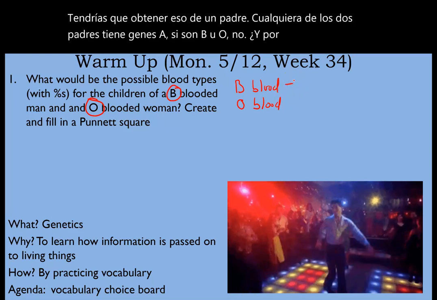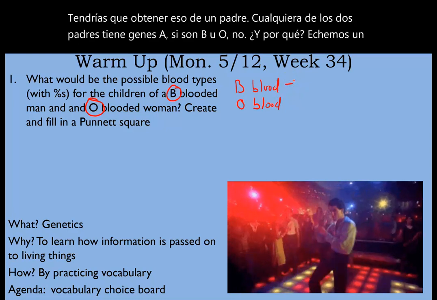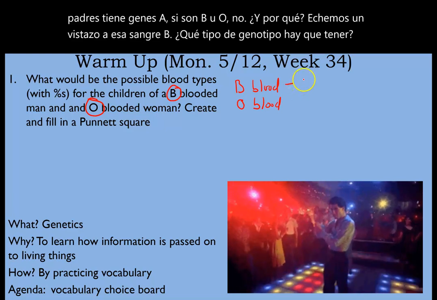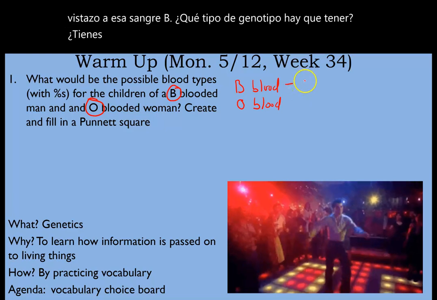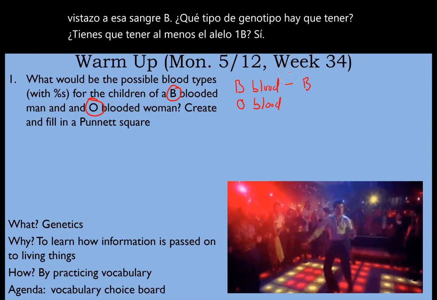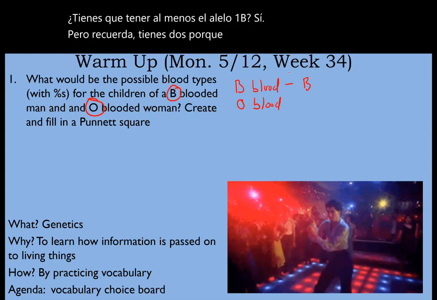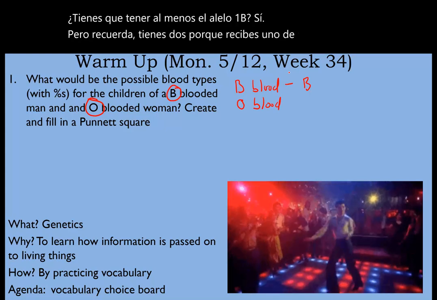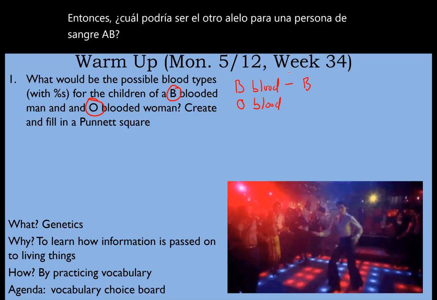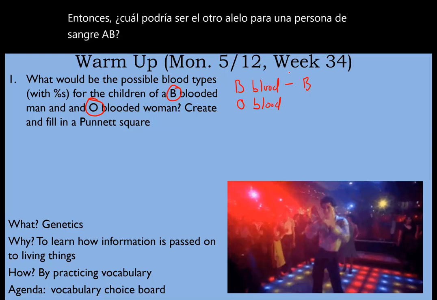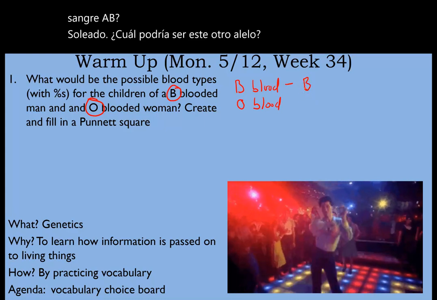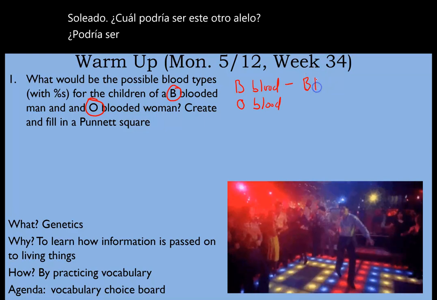Let's look at that. B blood. What kind of genotype do you have to have? Do you have to have one B allele at least? Yes. But remember, you have two because you get one from each parent. So what could the other allele be for a B-blooded person? Sonny, could it be another B? Absolutely.